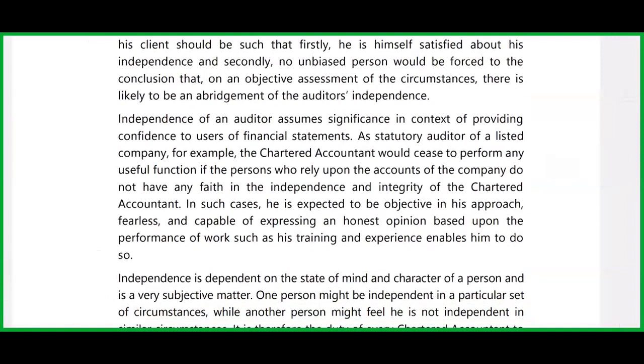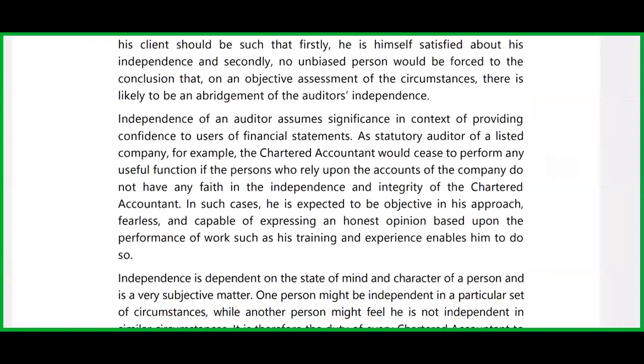So here, say for example, if a statutory auditor is of a listed company, the chartered accountant would cease to perform any useful function that is against independence and against integrity of chartered accountant.